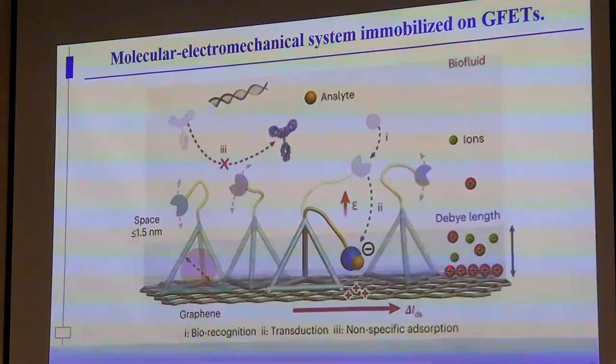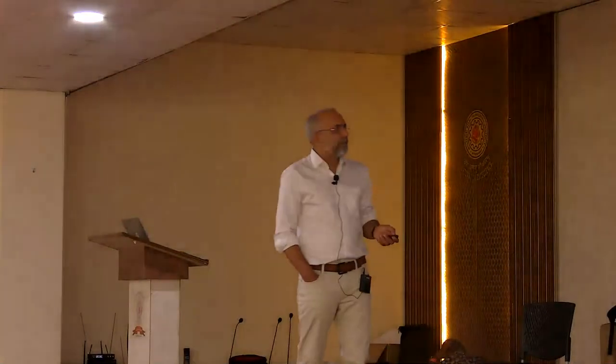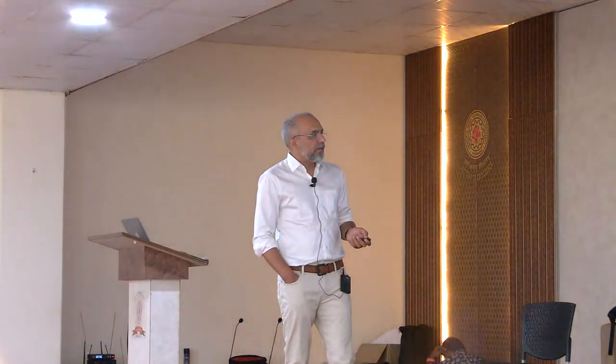If you have anything in between the bulk solution and the graphene, within this region, it is a very sensitive region, the Debye layer, because there is no problem of diffusion or migration of those ions.